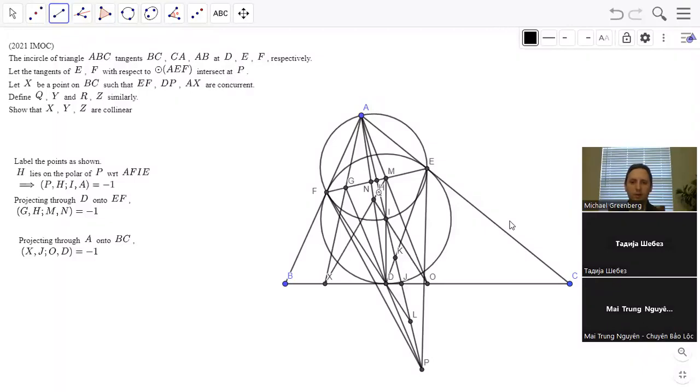That looks useful. Yeah, I agree. So now we have a much better way of understanding point X.